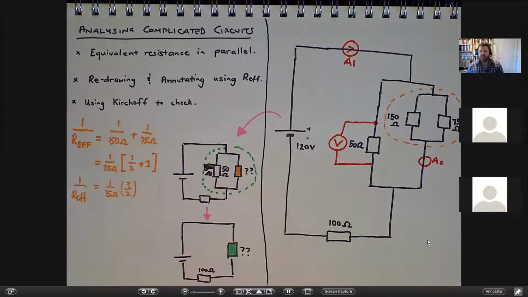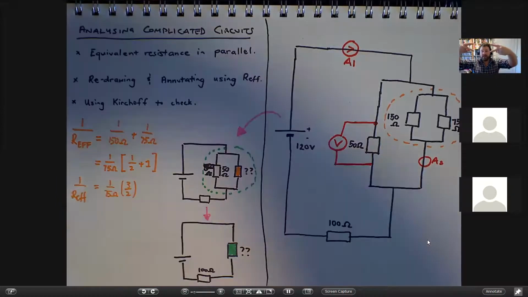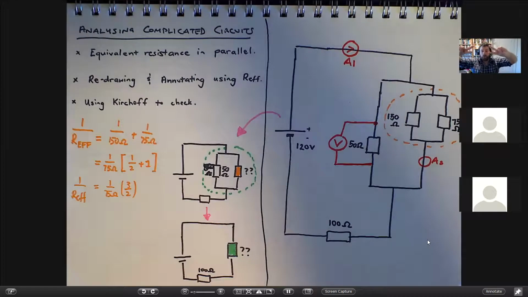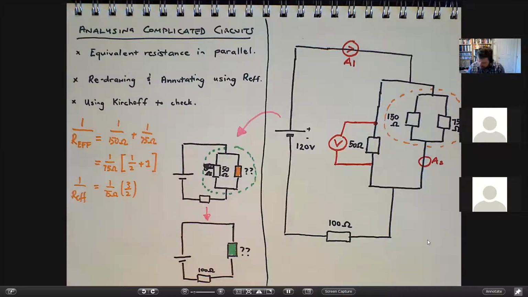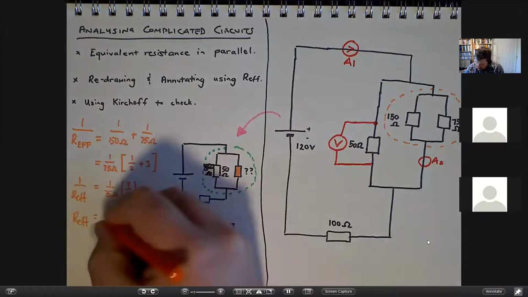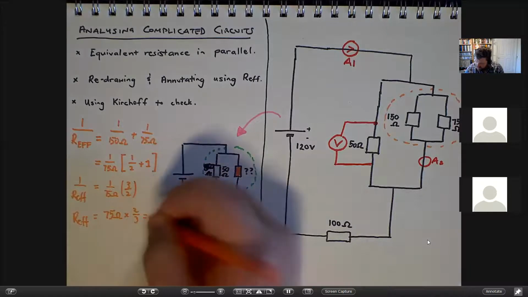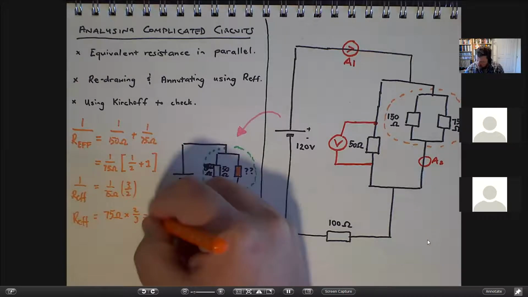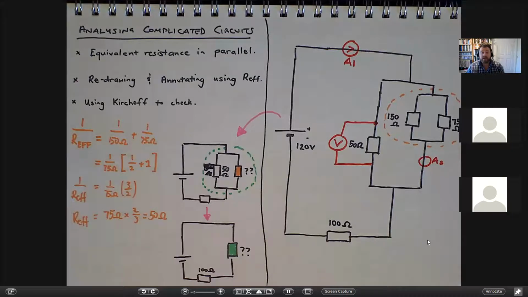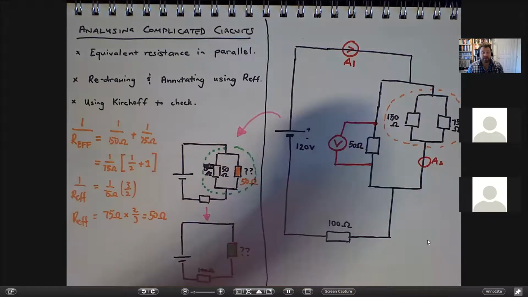And then if we've got no additions in here anymore, it's all just multiplication, then that means we can use that rule where we just take the two sides of an equation and flip them both. So R effective is going to be 75 ohms times 2/3 equals 50 ohms. All right, so this orange resistor here is going to be 50 ohms.